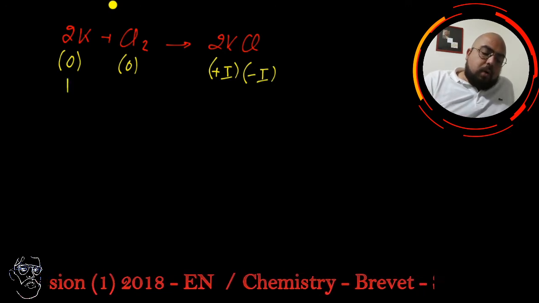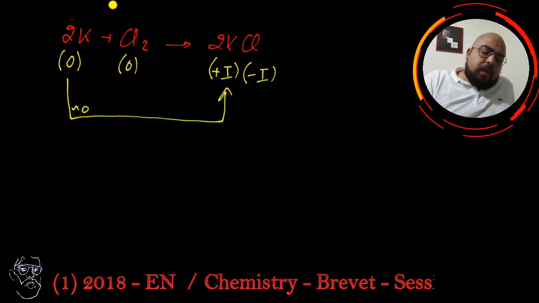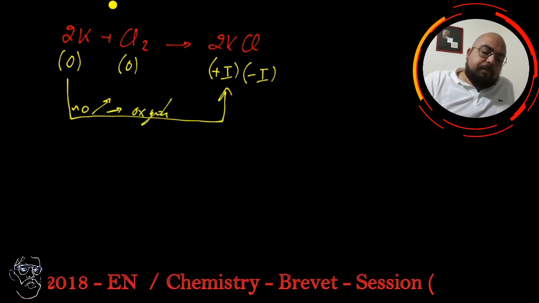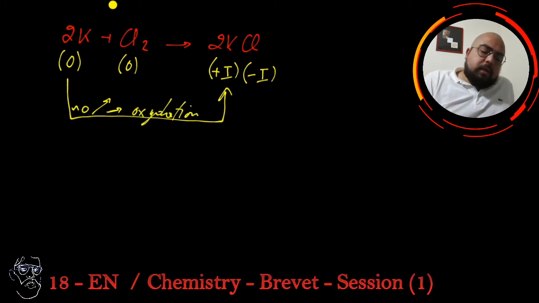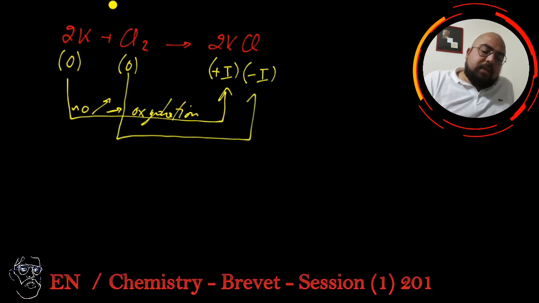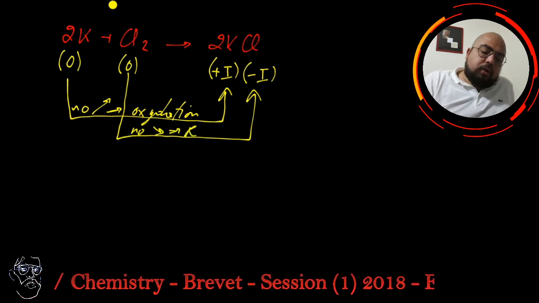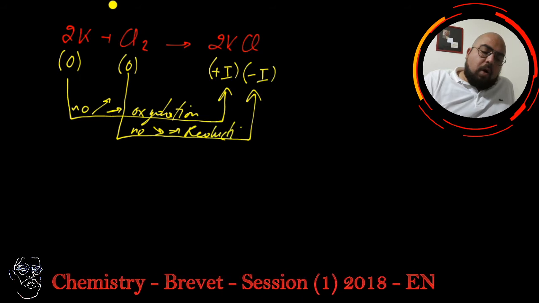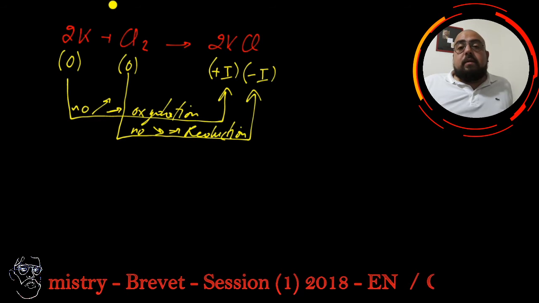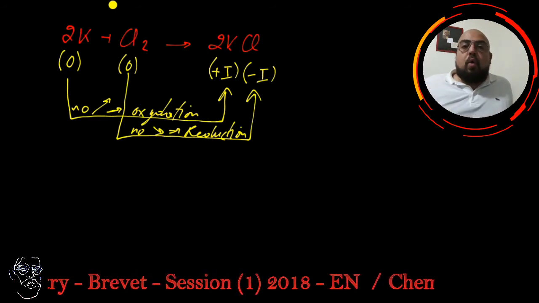So, as you can see, for K, the oxidation number is increasing, so you have an oxidation. As for chlorine, the oxidation number is decreasing, so you have a reduction. Since you have oxidation and reduction in the same equation, that's when you can talk about an oxidation reduction reaction, or redox reaction.